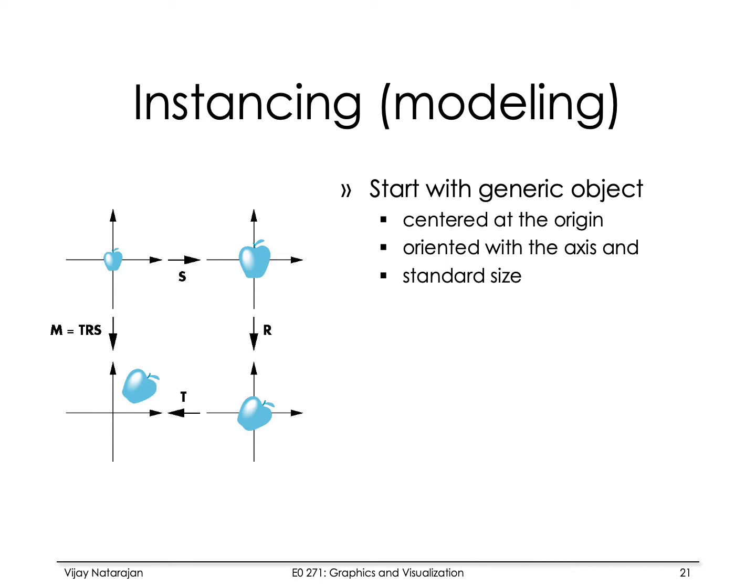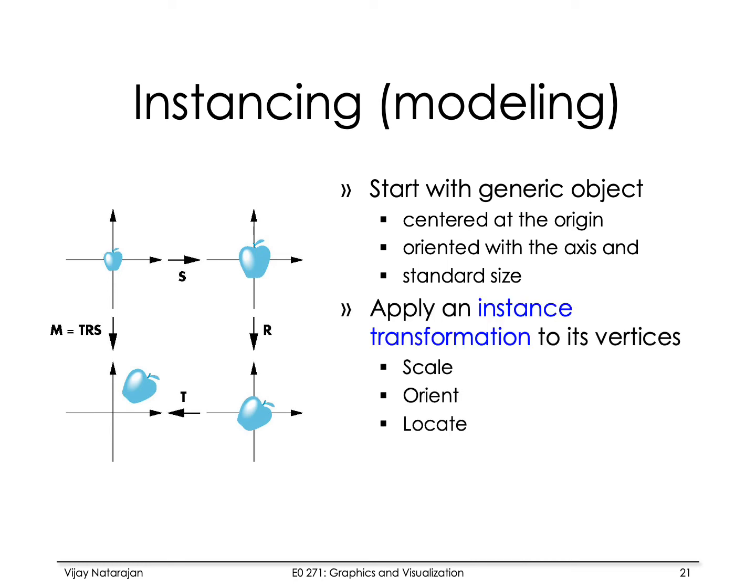I want to create an instance of this object in the scene. For example, my scene could have 10 different apples at different orientations and different sizes, but I have one sample in my inventory. So I create multiple instances of this apple by applying an instance transformation.